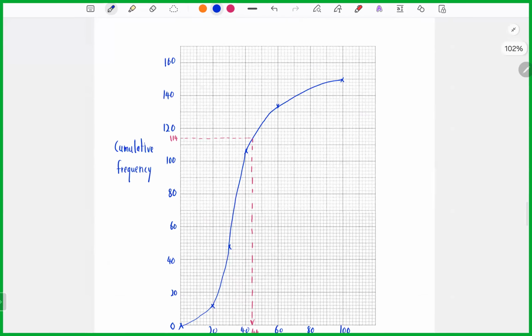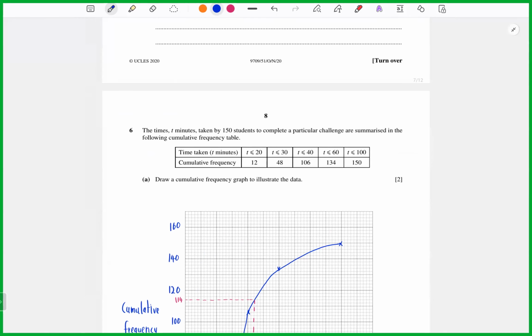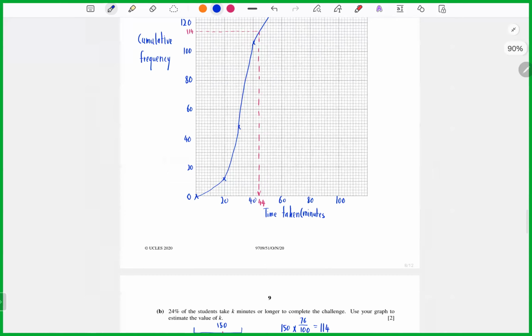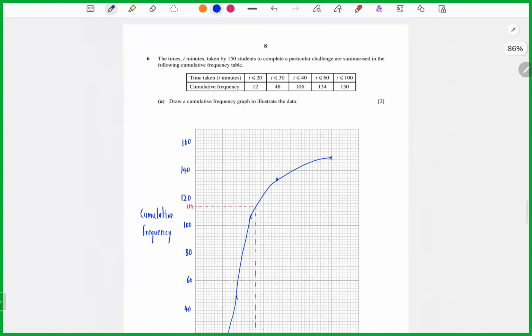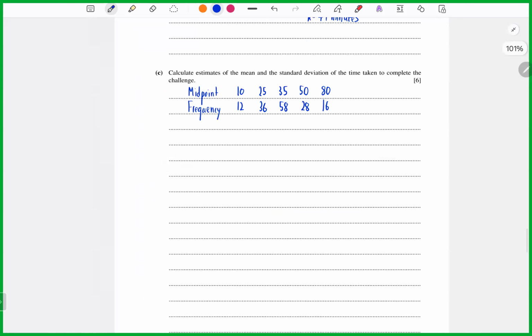Then 100 plus 16 divided by 2, you will get 18 for the midpoint. And for the last frequency, 115 minus 134, you will get 16. So we already found these values here.